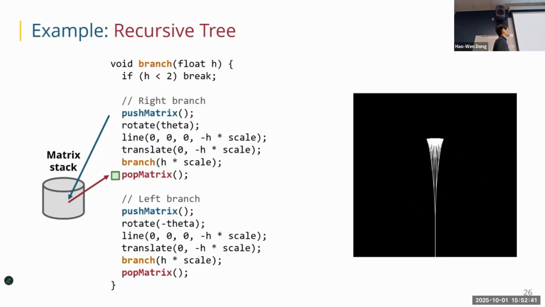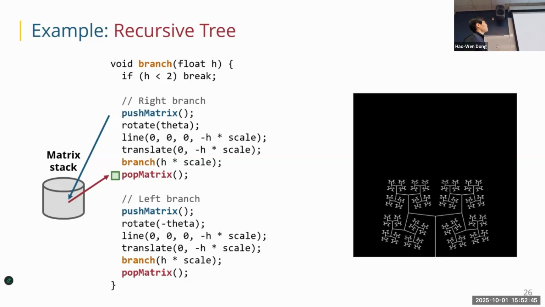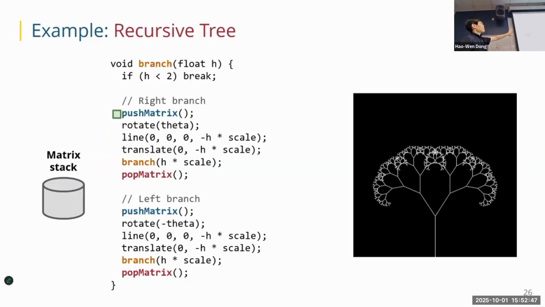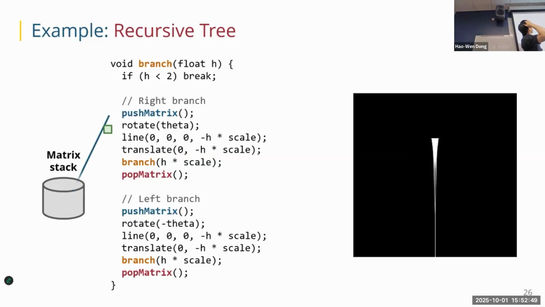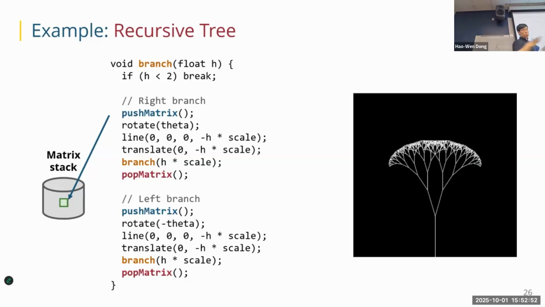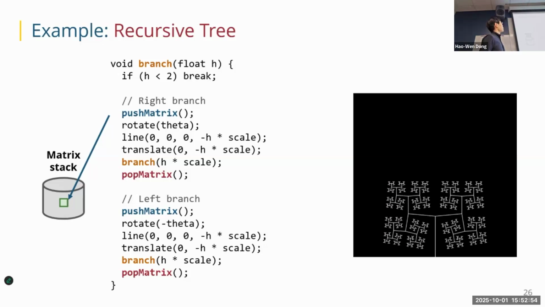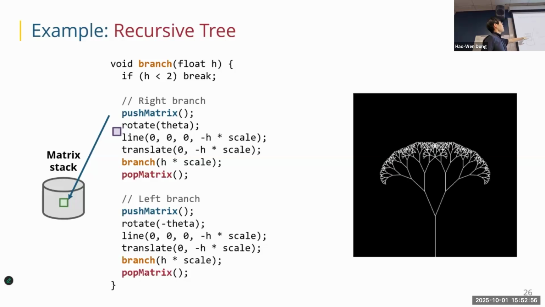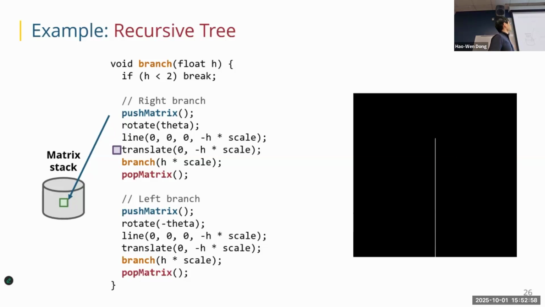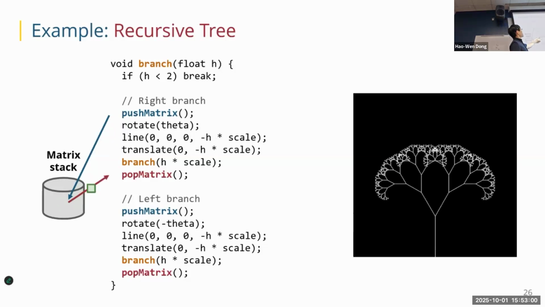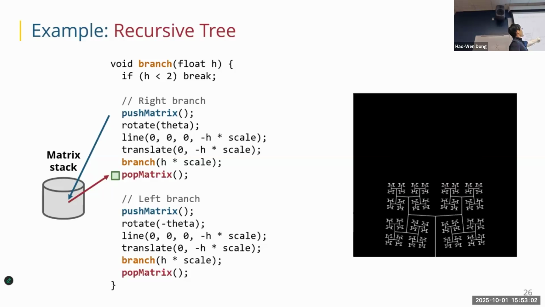So this push and pop is important because that allows you to temporarily store this matrix and then do all the stuff that you rotate and do all the things you like. That will be a new matrix, but now you pop matrix to get the original matrix back here.